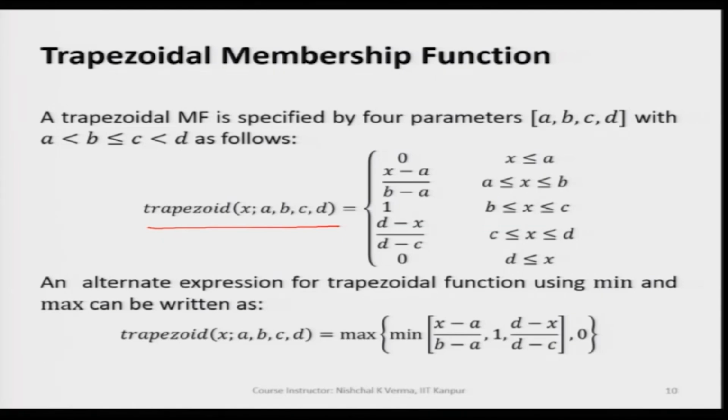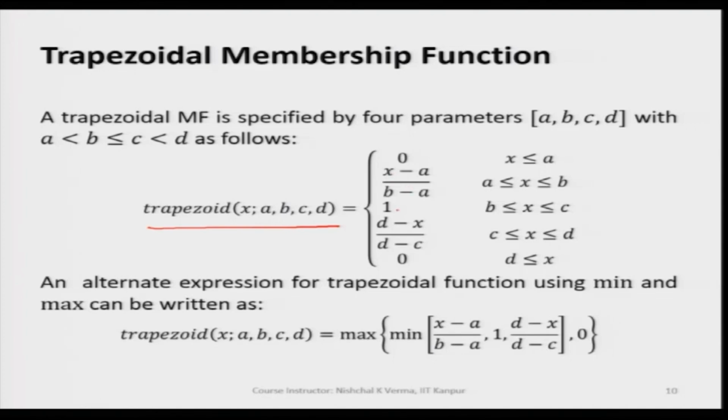This is defined as it is written here: for all values of x less than or equal to a, it gives you 0. For x between a and b, it is (x minus a) over (b minus a).